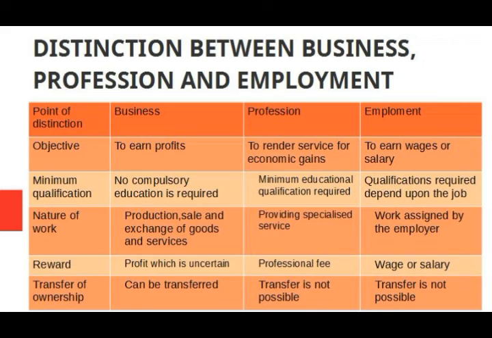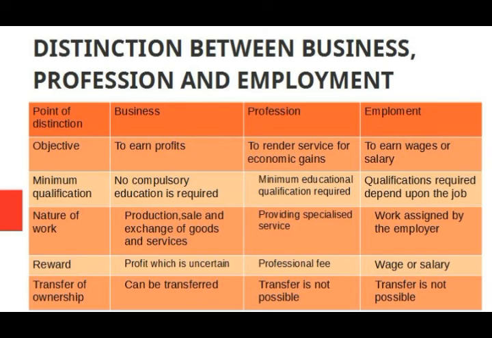Next point of distinction is nature of work. What is the work of business, children? Production, sale and exchange of goods and services. But in case of profession, providing specialized service. And in employment, whatever work is assigned by the employer will be done by the employee. Next one, reward.